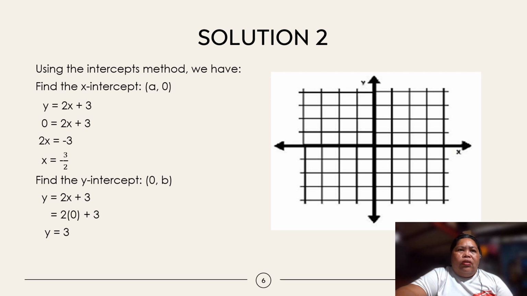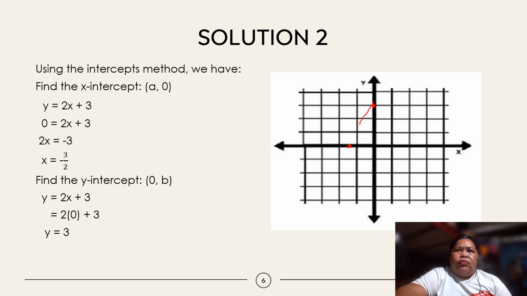So our x is negative 1.5, so we can have it here, and then we can have (0, 3). Then let's connect.